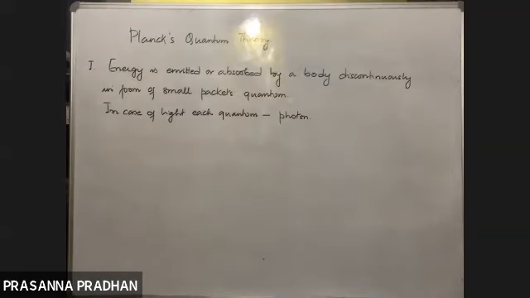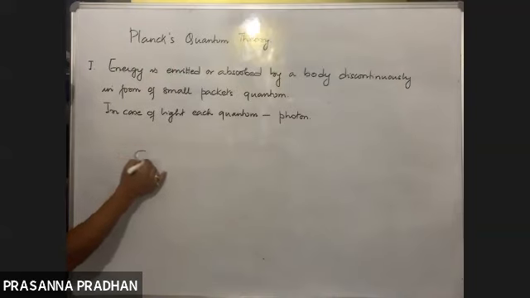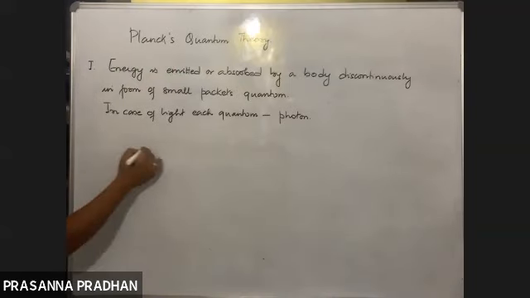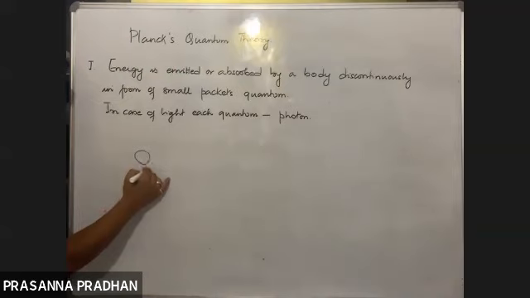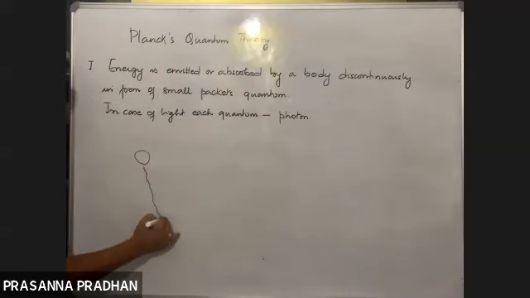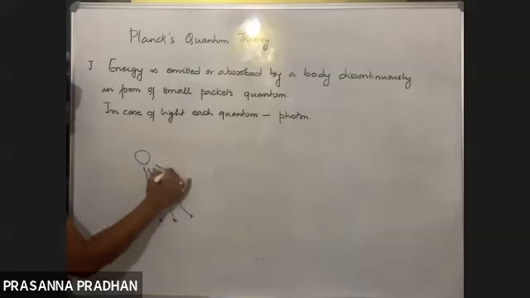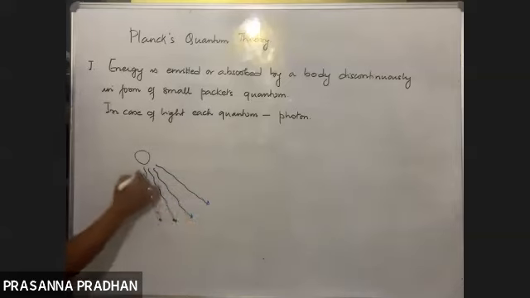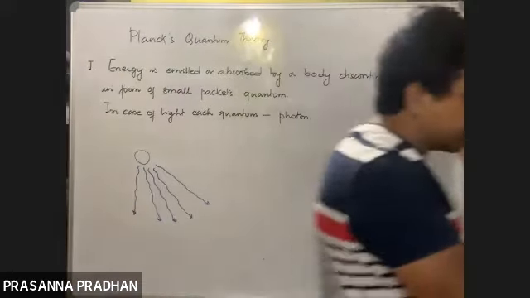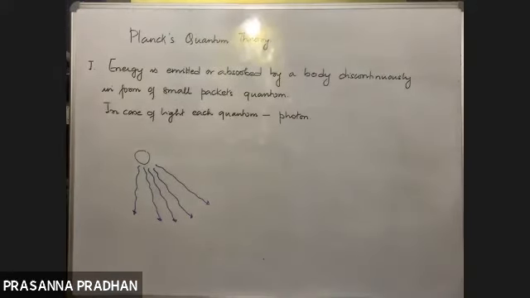What does it say? Let us see. If I light a bulb in a room, will the waves coming out of this bulb reach our eye continuously or discontinuously? Light is a form of energy.